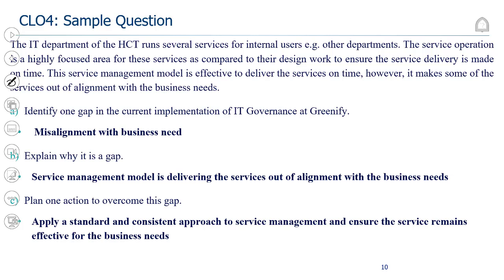So a good example: an IT department of the HCT runs several services for internal users, e.g. other departments, okay? The service operation is highly focused on these services as compared to the design work, to ensure service delivery is made on time. The service management model is effective to deliver services on time. However, it makes some of the services out of alignment with the business needs.